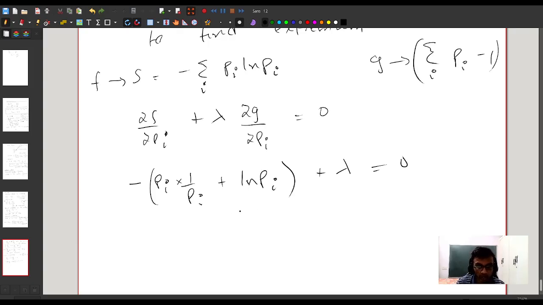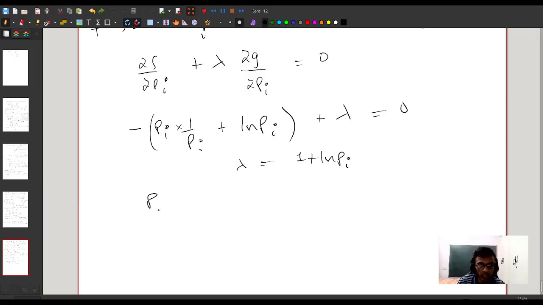So ultimately lambda is equal to 1 plus log pi, or pi is equal to e to the lambda minus 1. So it is independent of i, and all the probabilities are equal.